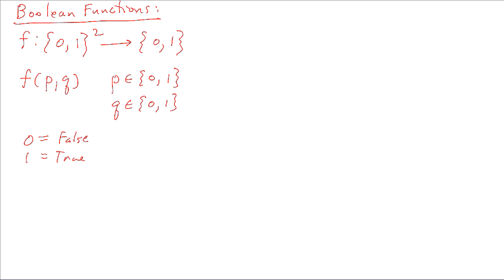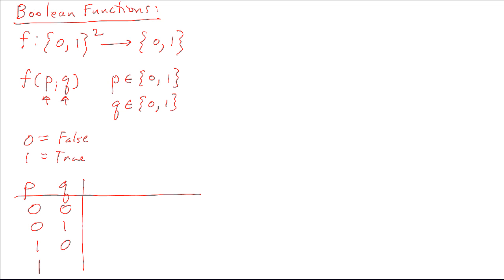And what I want to show you is, I'll just remind you very quickly that we have P and Q. I'm going to make a truth table here. And because there are two inputs, P and Q, and each can take on a Boolean value, either 0 or 1, that means there are 4 possibilities for the inputs P and Q to some function f.